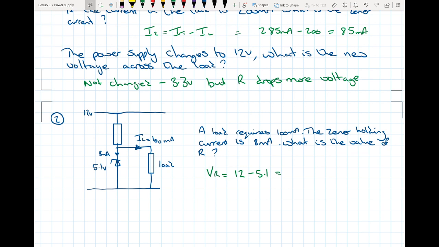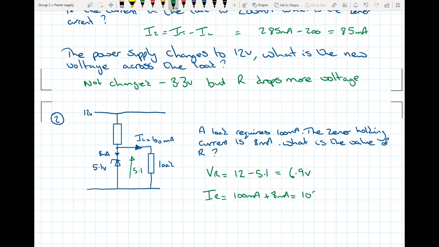Okay, so first of all, if there is 5.1 volts across our Zener diode, then there must be 6.9 volts across our resistor. Therefore the current in our resistor is our total current, so we've got 100 milliamps going one way and 8 milliamps going down through the Zener diode.